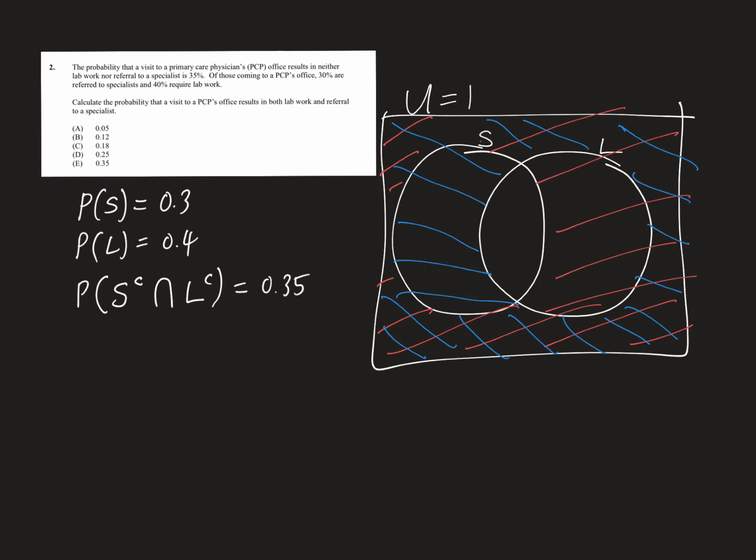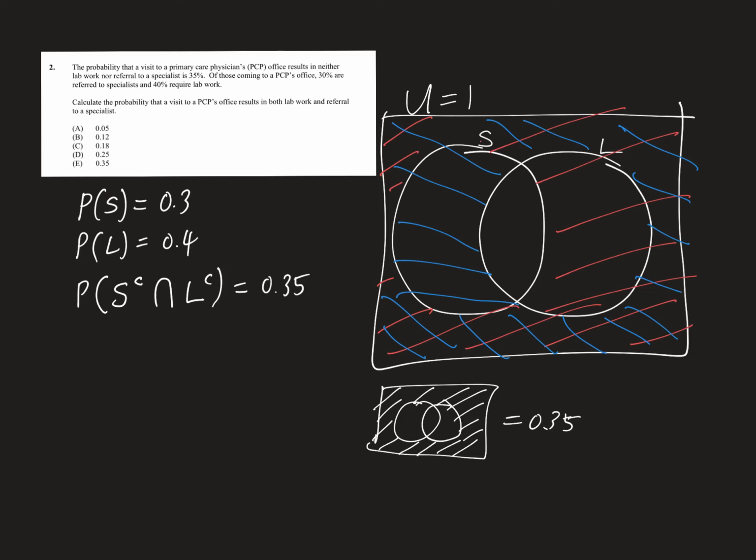And then you're trying to find the intersection of these two, which, if I were to draw it on a smaller scale, would be any area that's outside of these two circles. And that's equal to 0.35 or 35%.